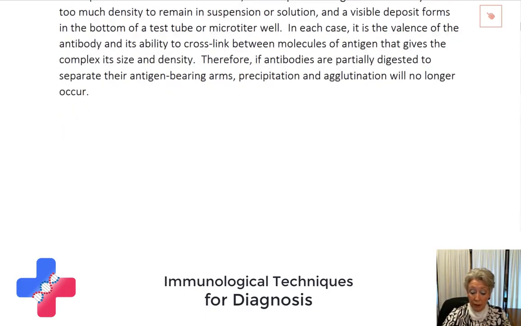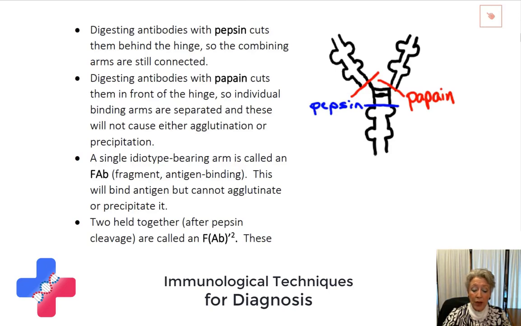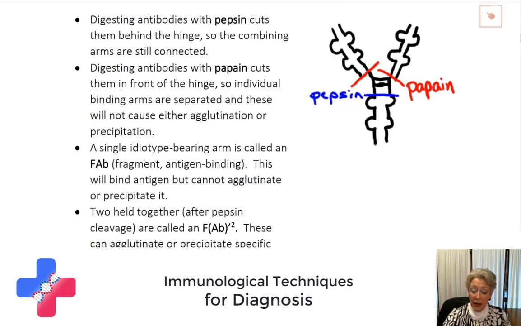Now, let me go back and give you some information about how we define the parts of an antibody molecule. And much of this is historical. Honestly, we would never in this day and age be treating antibodies with digestive enzymes like pepsin and papain.